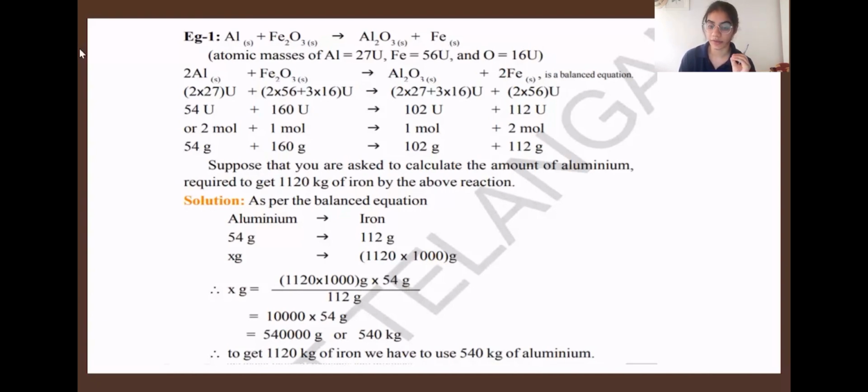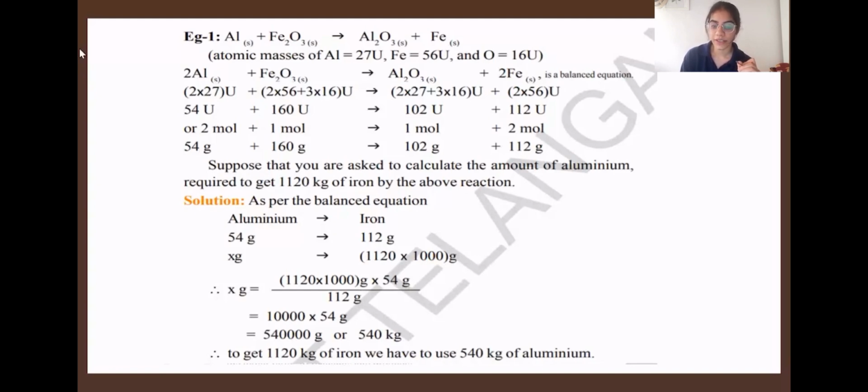But 1 gram of iron will give you 54 by 112 grams of aluminium. What we have is iron. Hence, x grams of aluminium will give you 1120 kgs of iron. We multiply by 1000 because we are calculating in grams and not in kgs, and the mass that has been given to us is in kgs. So x grams is equal to 1120 multiplied by 1000 multiplied by 54 grams divided by 112 grams of iron.